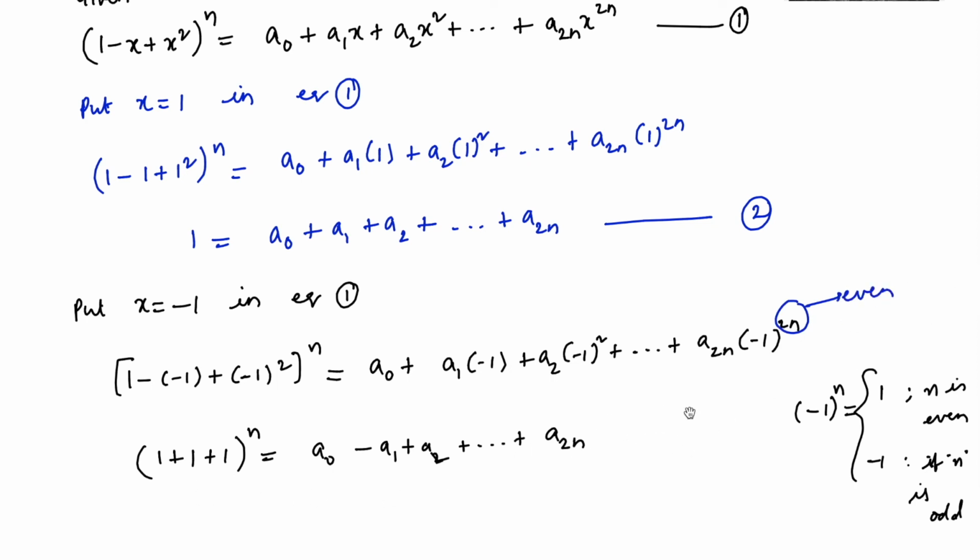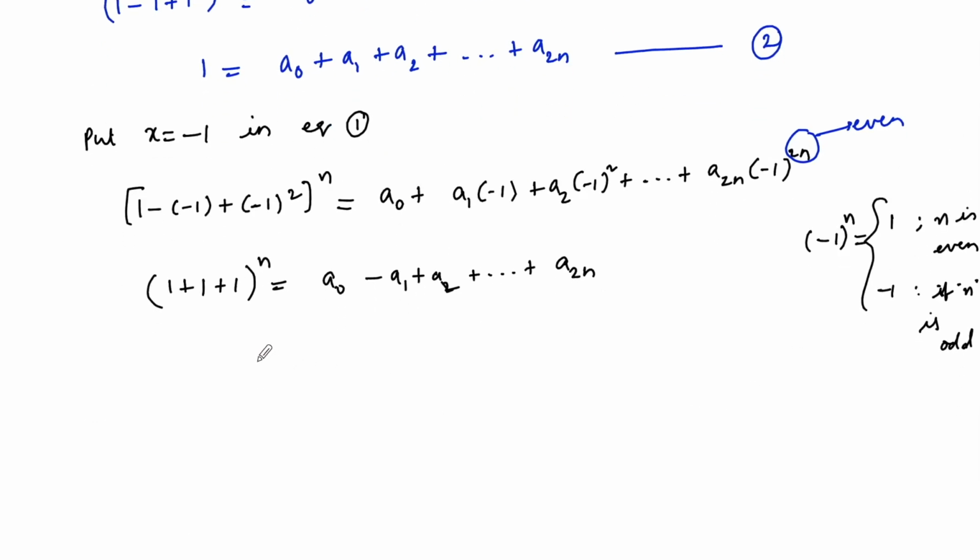So finally we can write (1 + 1 + 1)^n, that is 3^n, is equal to a0 - a1 + a2 - a3 and so on up to a2n. So let us consider this equation 3.